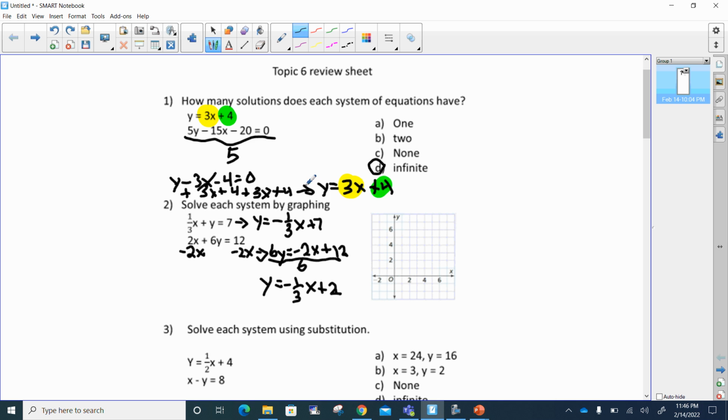And now, once again, I'm going to use my highlighter. We see that they have the same slope of negative 1/3 x, but I also see that my y-intercept is different. So if I was to graph this one, and I'm just going to put some coordinates here.